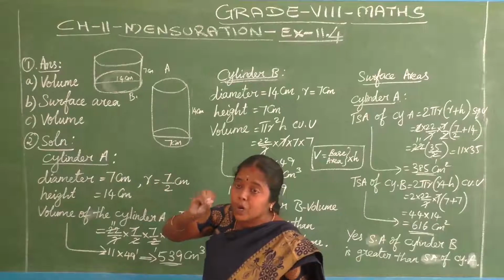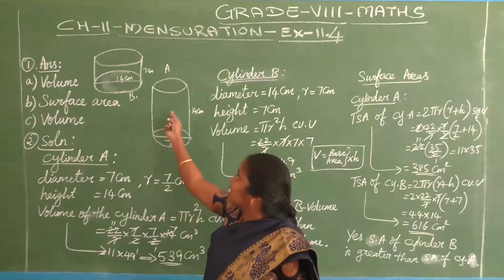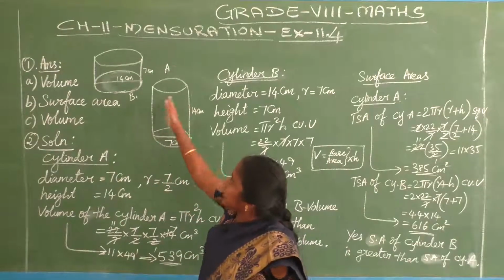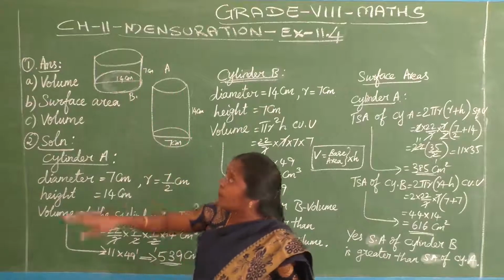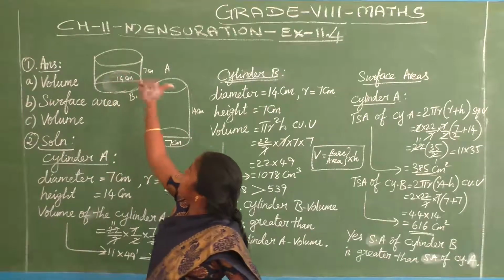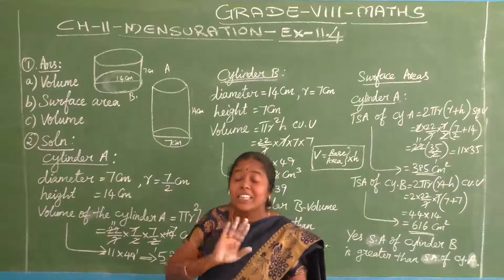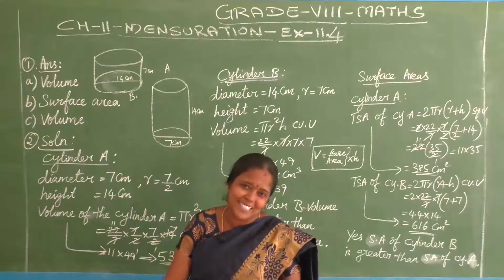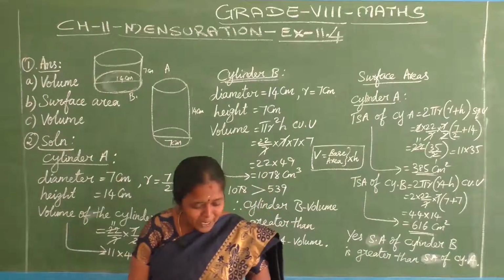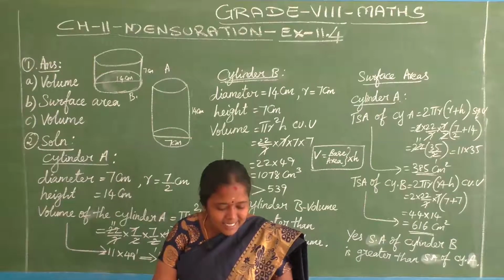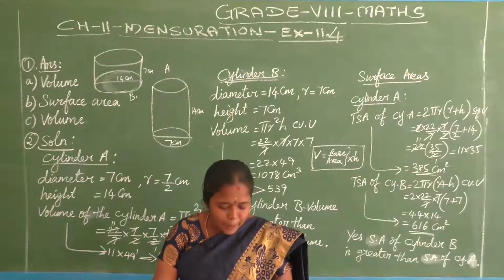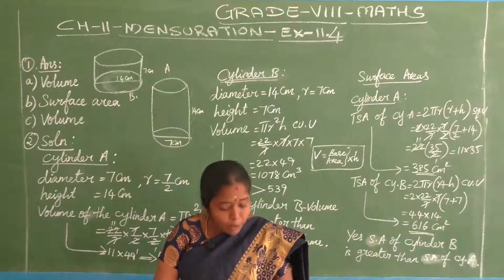That means which volume is greater? Whether cylinder A's volume is greater than cylinder B's volume, or cylinder B's volume is greater than cylinder A's volume. Without calculation, you have to suggest. Can you guess? Okay.